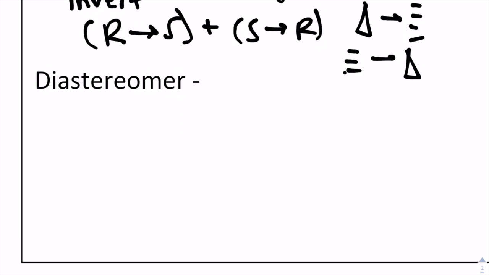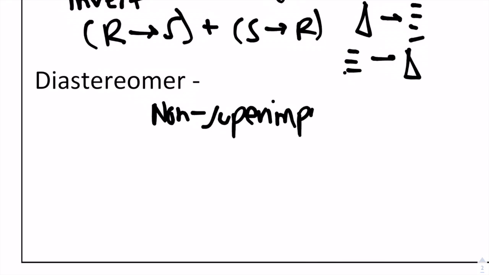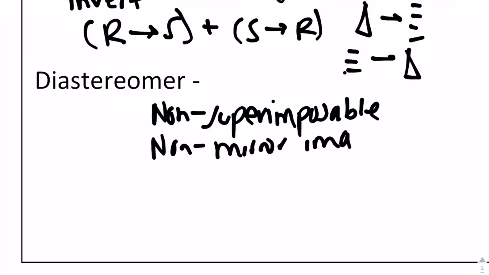So a diastereomer is a non-superimposable non-mirror image. So the difference from the one above and below is the fact that enantiomers are mirror images and diastereomers are not mirror images.